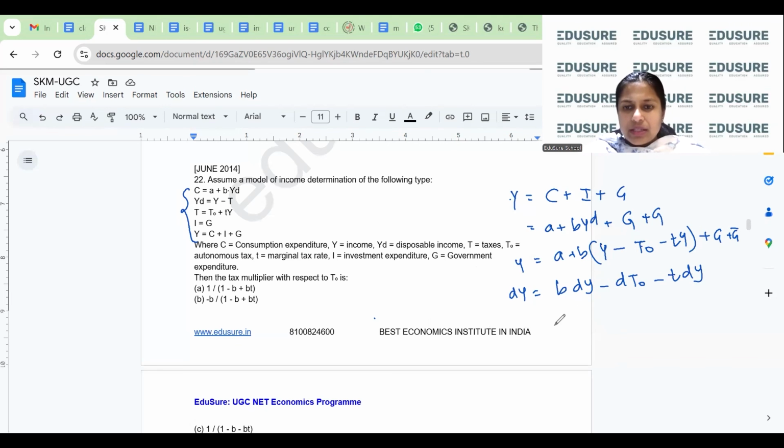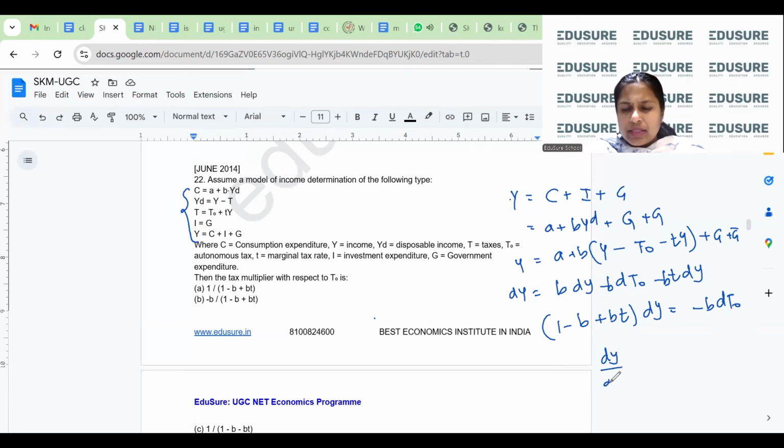So now taking the dY terms to the other side, 1 minus b. So b will be actually here also, and b will be here also. So 1 minus b plus bt dY is equal to minus b dT naught.